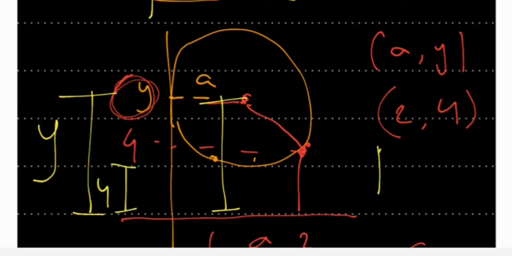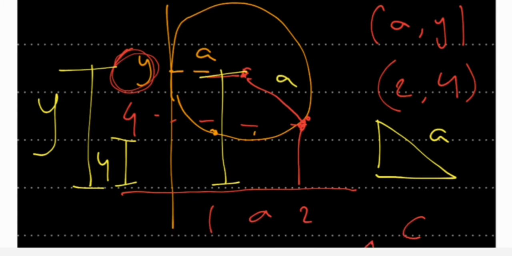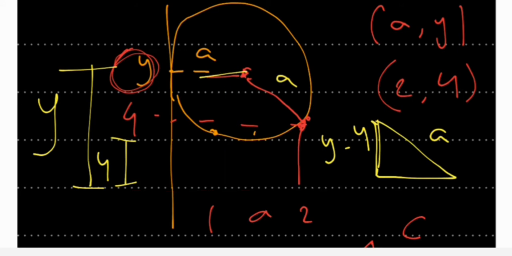So this is our triangle, right? So this part over here is A, this part over here is Y minus 4, right? Now what about this part over here? Well, this part over here, it was 4, and here it is A, right?